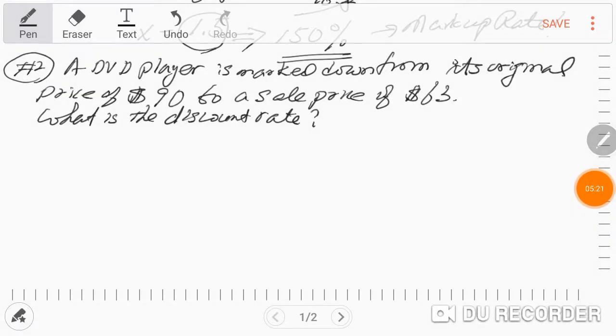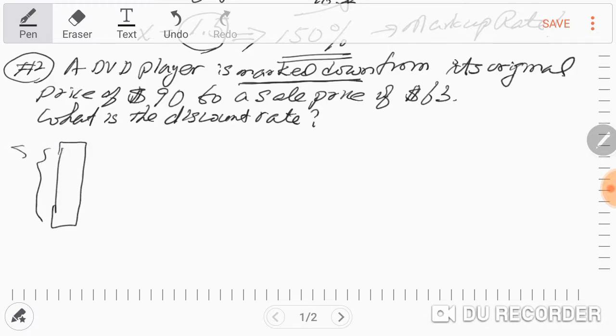Okay, this question is about discount. Markdown is a discount. So there is a DVD player, and this player is discounted. It has a markdown from its original price. So let's say this rectangle shows the original price, which is $90.